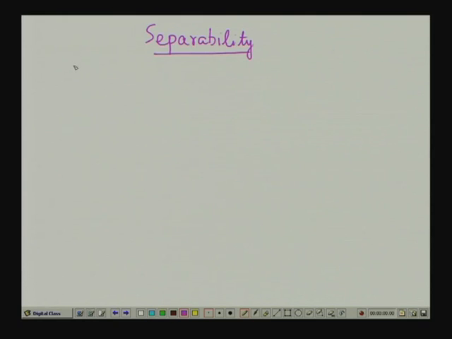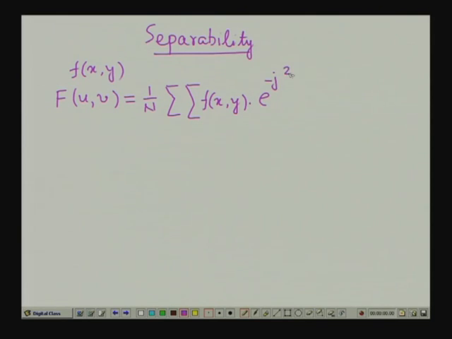Given a two-dimensional signal f x y in the discrete domain, that is samples of this two-dimensional signal, we can compute the Fourier transformation of f x y as f u v, which is given by the expression 1 upon capital N, where our original signal f x y is of dimension capital N by capital N, and the Fourier transformation expression comes as f x y into e to the power minus j 2 pi by N into u x plus v y, where both x and y vary from 0 to capital N minus 1.